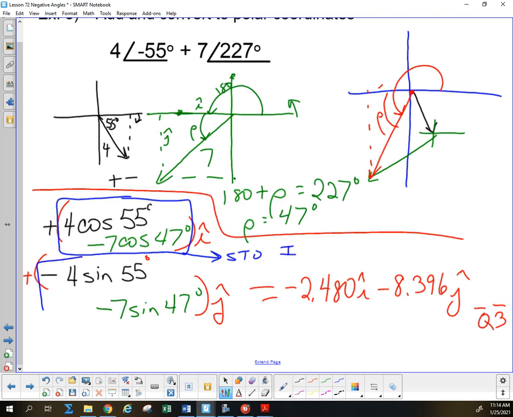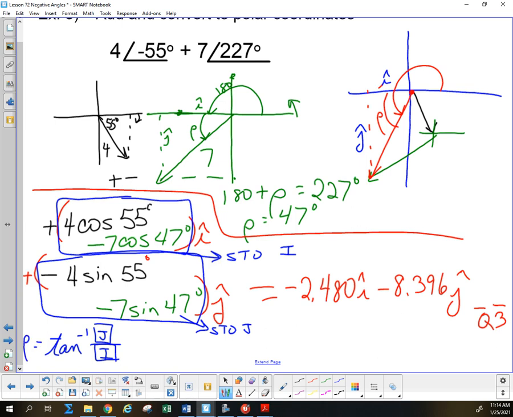The minus 4 sine 55 minus 7 sine 47 we need to store as j hat, so that once we have these, and we're not going to worry about the minus signs on these, to get the angle, we need the inverse tangent of that stored j over the stored i. I often put boxes around my stored ones just to help me remember where I get those. This needs to be my reference angle.